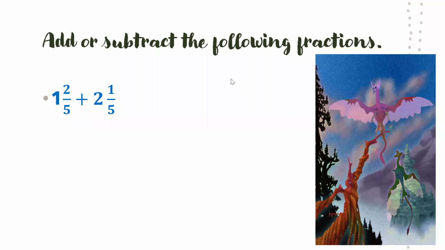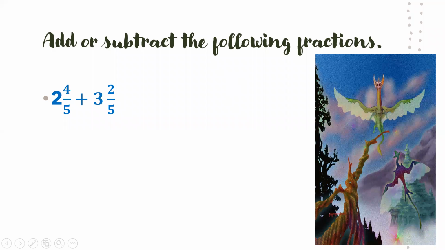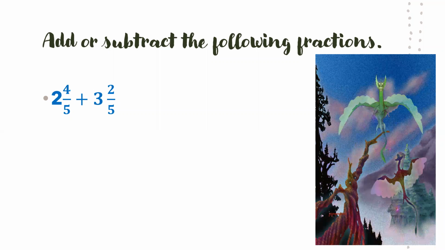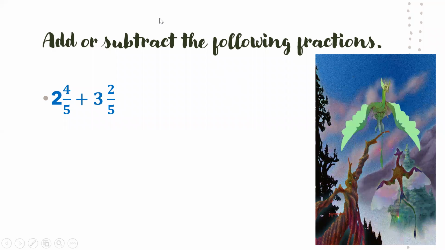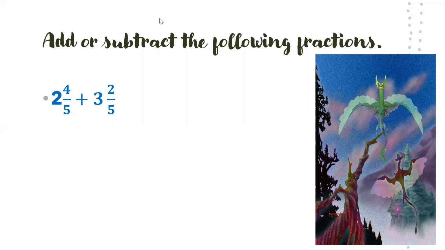Okay, next. What if we have 2 and 4/5 plus 3 and 2 over 5? Same process. We change 2 and 4/5, and that is equal to 14 over 5, plus 17 over 5.